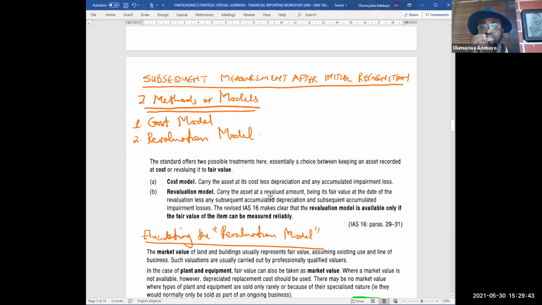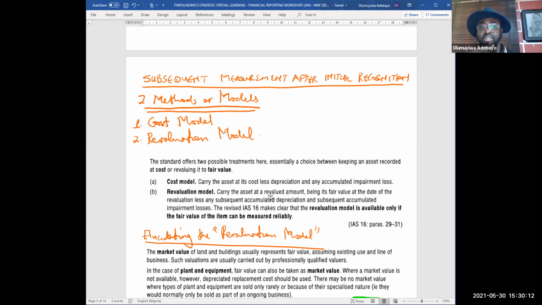But we said the valuation model more or less requires periodic recognition of the market value or any other similar value regarding the asset. This is not required to be carried out at every reporting date, but rather once there is a significant movement between the market value and the carrying amount of such an asset.